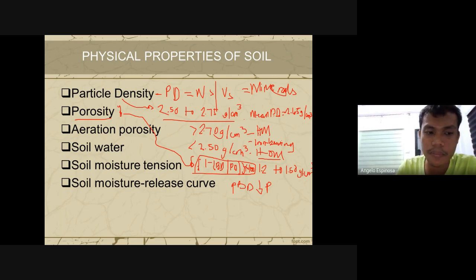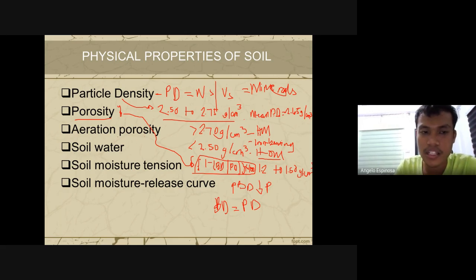If we can compact the soil to the extent that no pore space is left, the bulk density will be equal to the particle density. So the bulk density must equal the particle density so that there will be no pore spaces left.